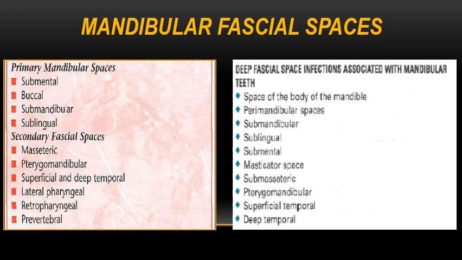On the other hand, according to the order of infection, whether directly from the teeth or spreading from a primary space to a secondary space, we can divide them into primary mandibular spaces like the submental, the buccal, the submandibular, and sublingual.